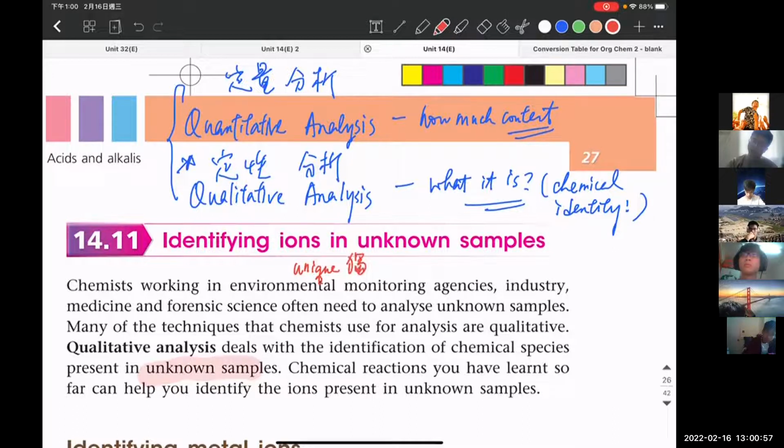What is meant by unique is that the test can already narrow down all the other possibilities and give you that it must be this chemical. We call that unique. Of course, not all chemical tests are unique. For example, I add dilute acid to it and you get effervescence.